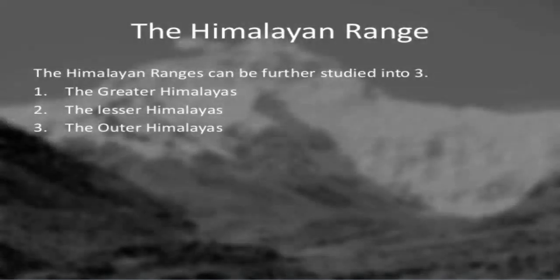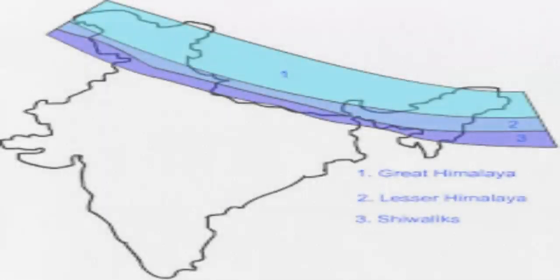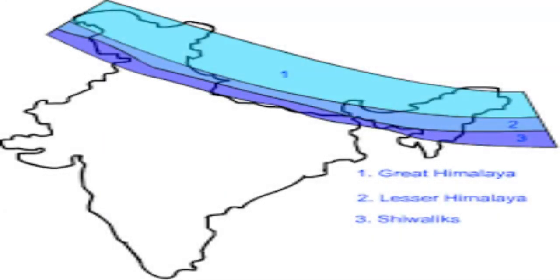Himalayan ranges can be further studied into three, which I have already discussed in my previous PPT: the Greater Himalayas, the Lesser Himalayas, which are also known as the Middle Himalayas, and the Outer Himalayas. Let's move further. This is the map of all the parallel ranges of the Himalayas.